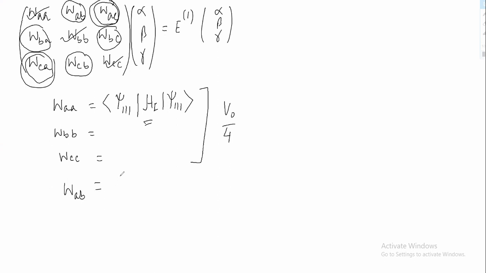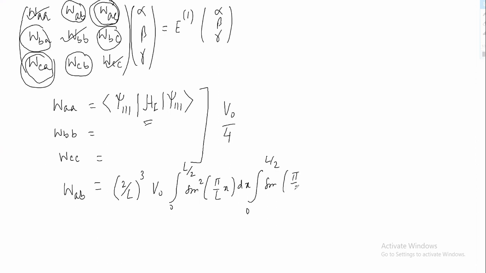This I am writing, you can verify: 2 by L whole cube times V naught, integral 0 to L by 2 of sine square pi by L into X dx, and then integral 0 to L by 2 of sine pi by L into Y times sine 2 pi by L into Y dy.